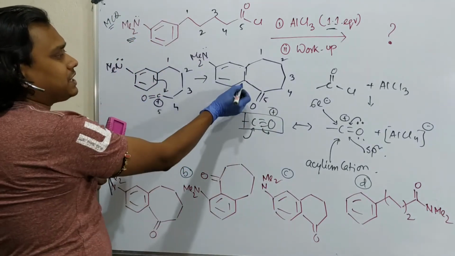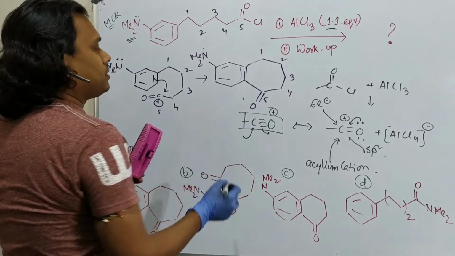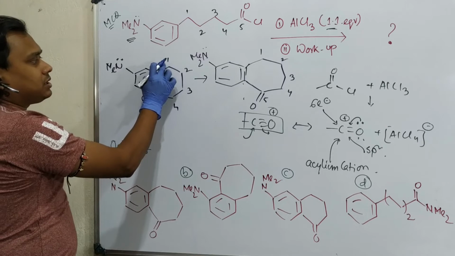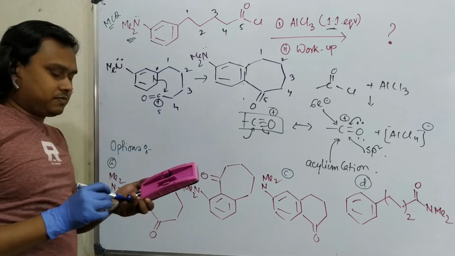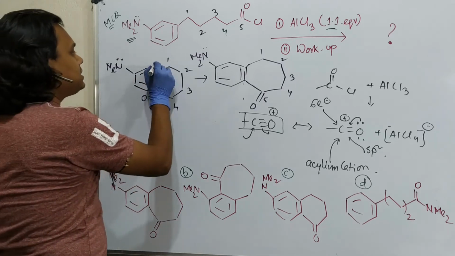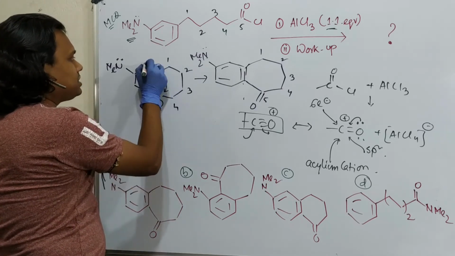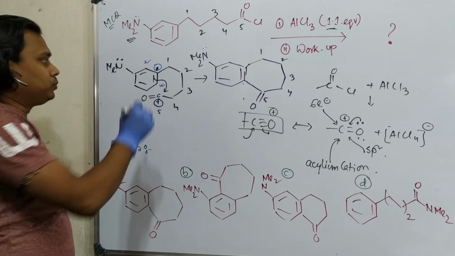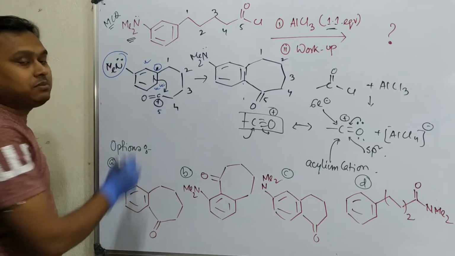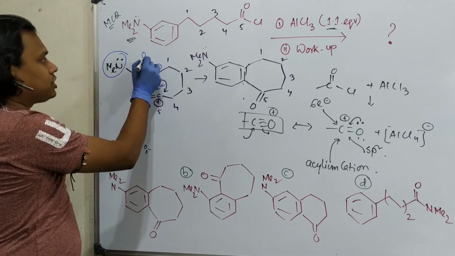Now the question is, why did the reaction happen here? Why did cyclization happen here? Logically, with respect to this carbon, this is ortho, both positions are possible. This is para with respect to this NMe2, and this is ortho with respect to this NMe2.